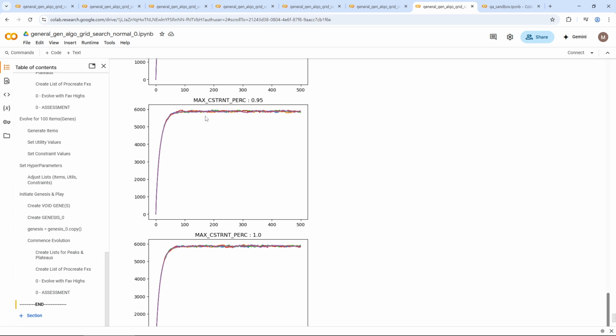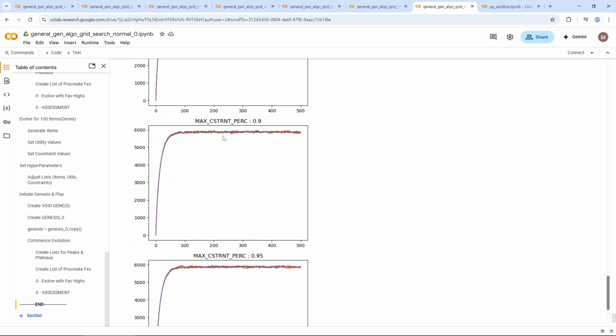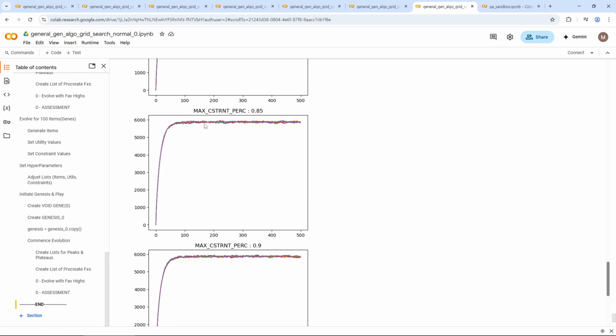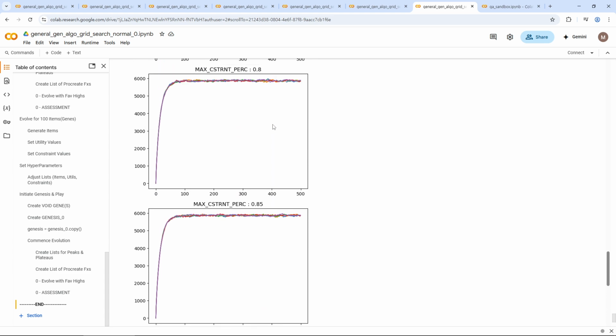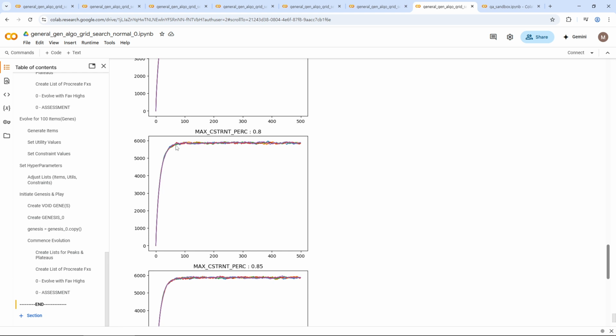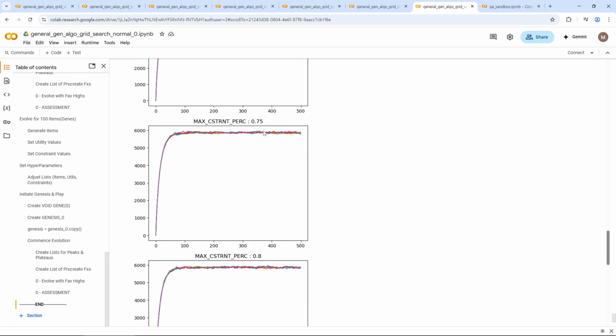But so are they when the max constraint risk percentage is at 95%. 90%, the plateau is also at 6,000. 85%, still at 6,000. We're going backwards right now. 80%, still at 6,000. 75%, still at 6,000.